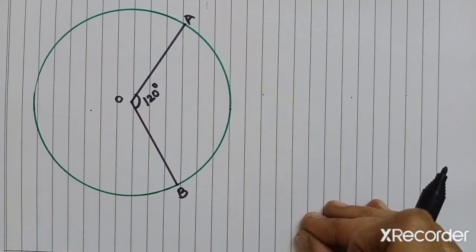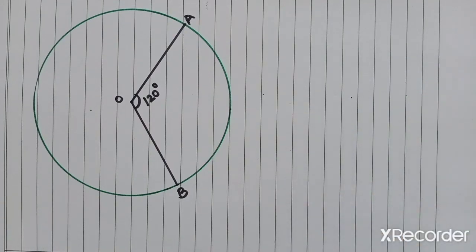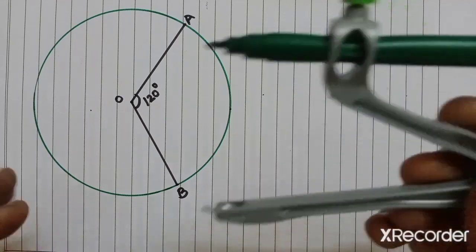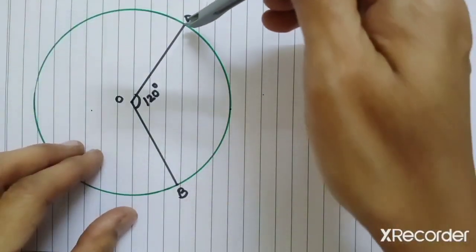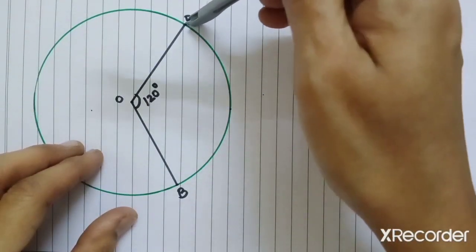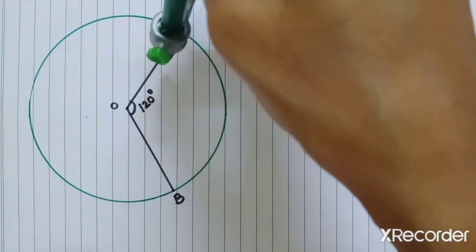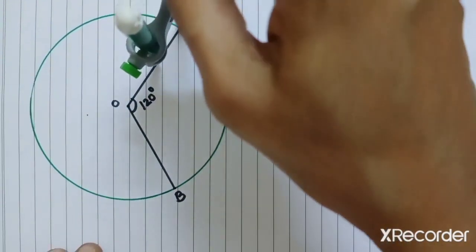Last year we studied how to draw a 90 degree angle, or with the help of a protractor you can draw a 90 degree angle. So let me draw with compass. What we do? We take some suitable distance in the compass.